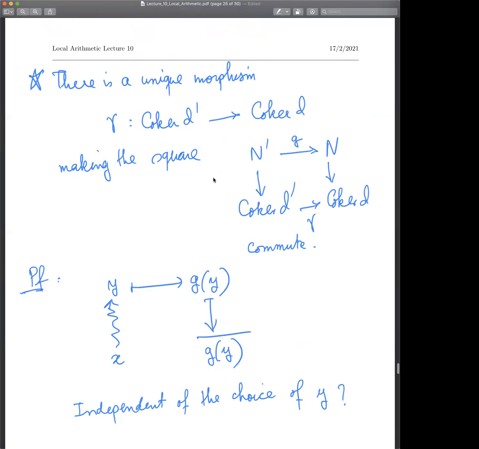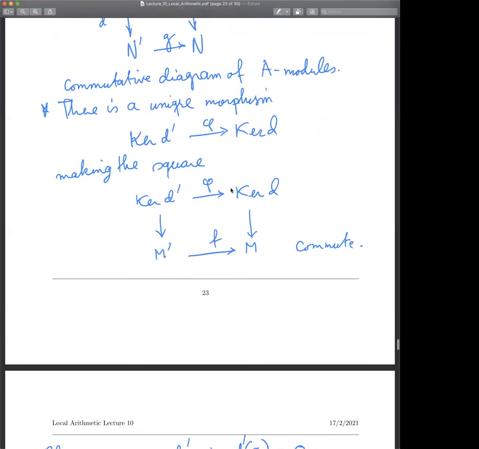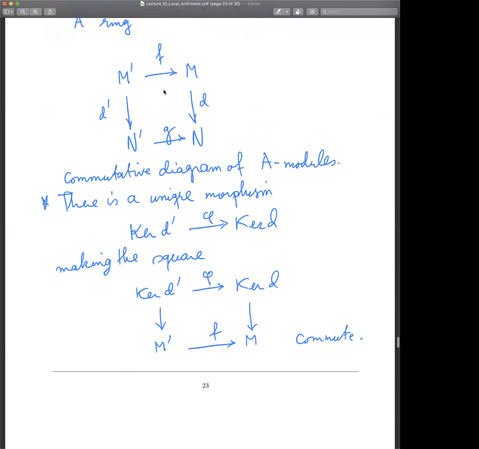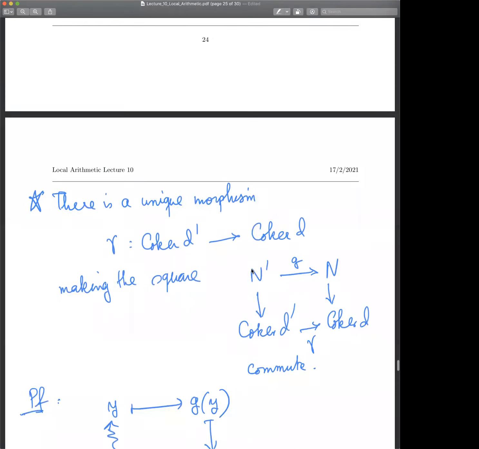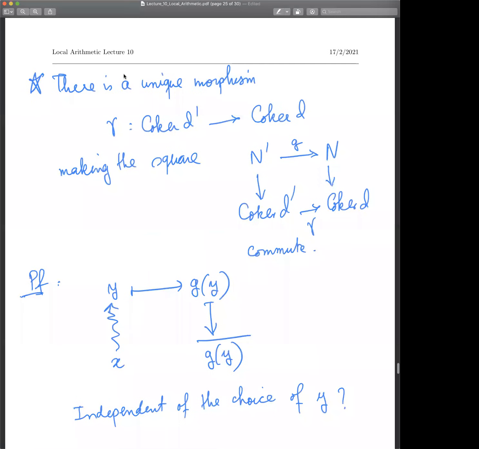Similarly, look at the same square here, four maps: M prime to M to N, and then M prime to N prime to N. Whenever I have a square like that, which commutes, there is a unique map from the co-kernel of d prime to the co-kernel of d, which makes this square commute.